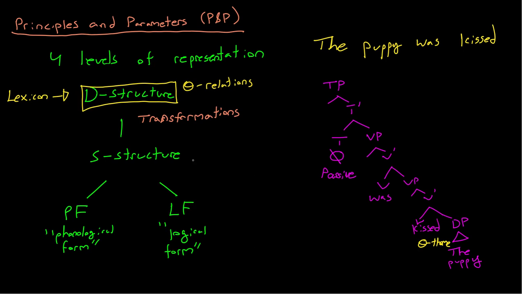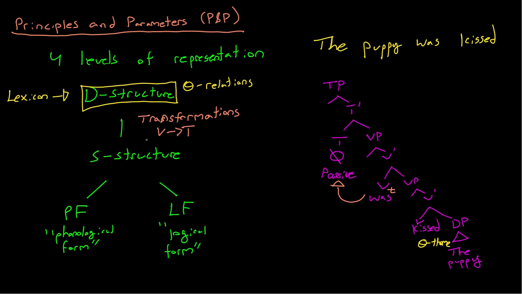In the present case, there are 2 of them. First, we have our V to T movement. Was moves up to T in order to fulfill the requirement that the tense node be phonologically realized, and in so doing it leaves a trace. Let's put a little t there.